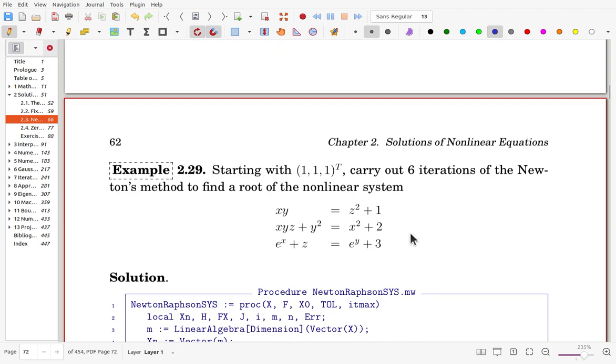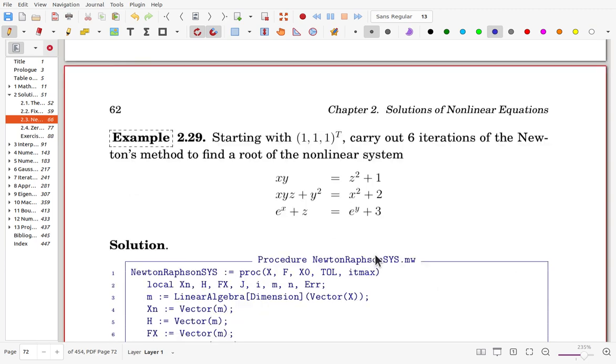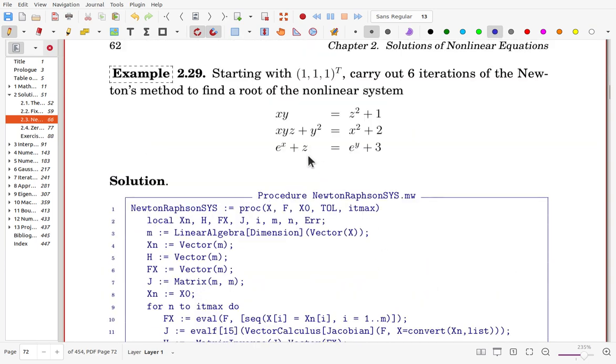Okay, let's see this example. Starting with 1, 1, 1, we carry out 6 iterations of Newton method to find a root of the nonlinear system. Now here, by moving the right side to the left, we can get terms equal to 0.